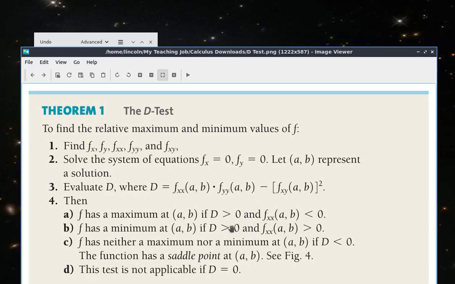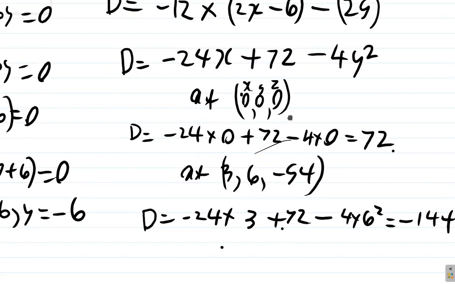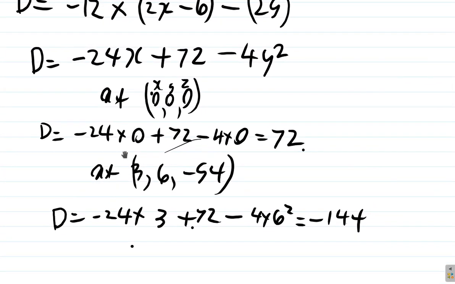Alright, so we have D greater than 0 and fxx less than 0. So we have a maximum point. Right? So right here we have a maximum point. You see that? It follows from the formula sheet.